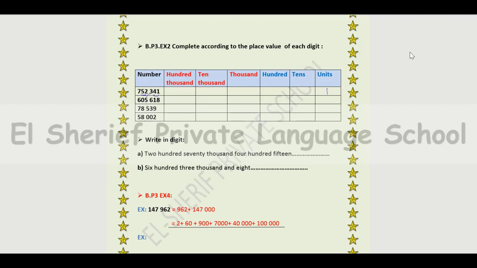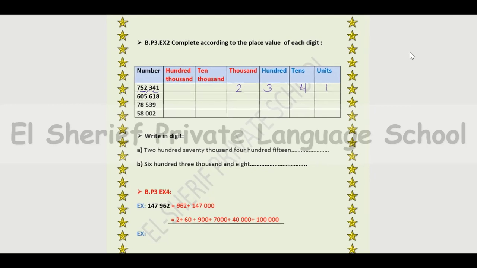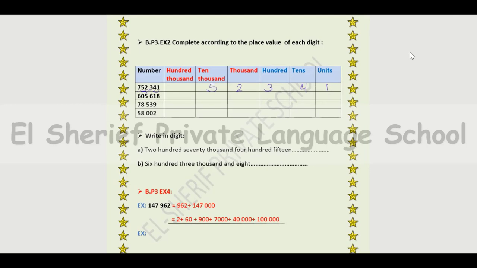So I have 4. Put 4. In hundreds place I have 3, so put 3. And in thousands the next digit is 2, so put 2. In the same sequence we have 5 in 10,000 and 7 in 100,000. Only take the number in the place value and put it in its place.